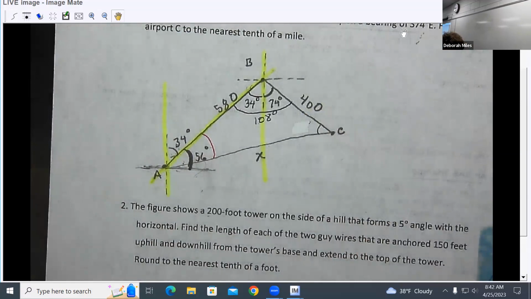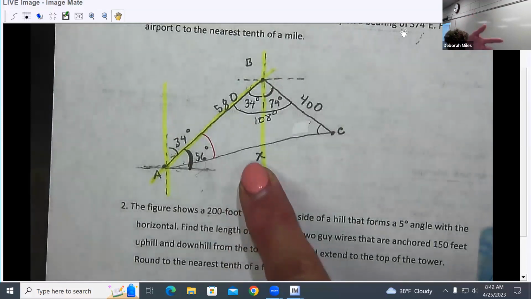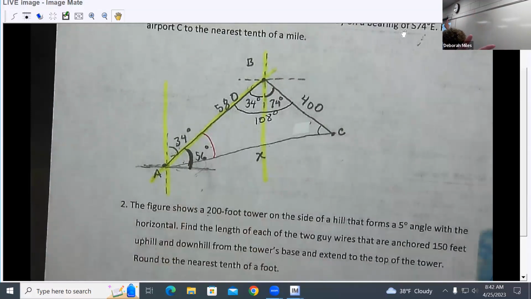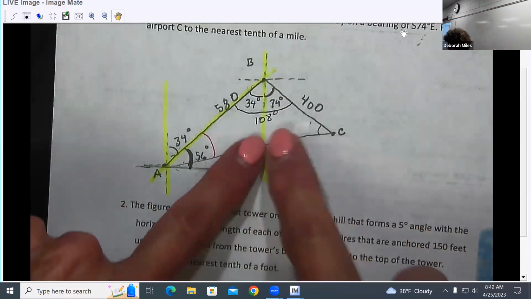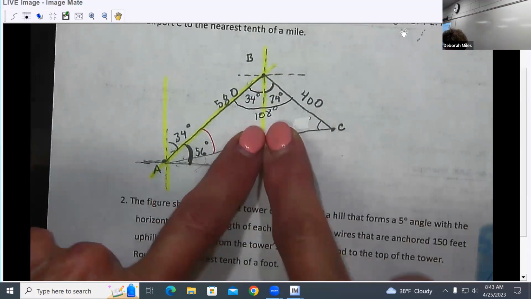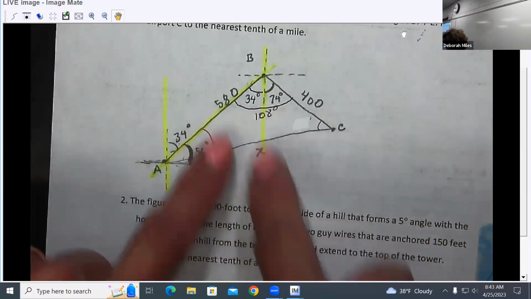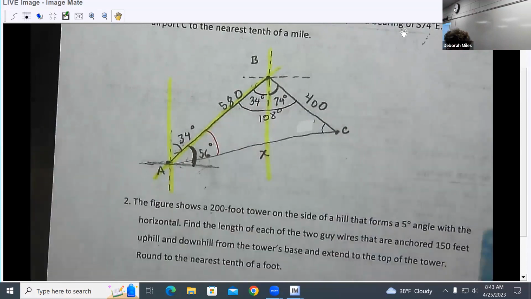No, that's why we can't use the law of sines. So to use the law of cosines to find x, if I want x on the left, what am I going to have on the right? Cosine of 108, cosine of the angle opposite it.